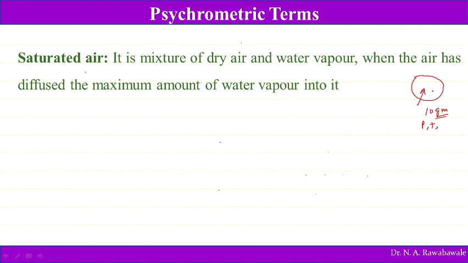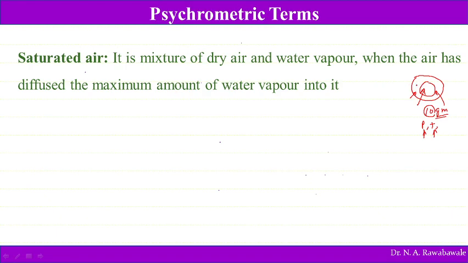That is the maximum amount of water vapor it can hold. When it holds this water vapor, no more can be held, and at that time we say that the air is saturated with water vapor. So it is a mixture of dry air and water vapor when air has diffused the maximum amount of water vapor in it.